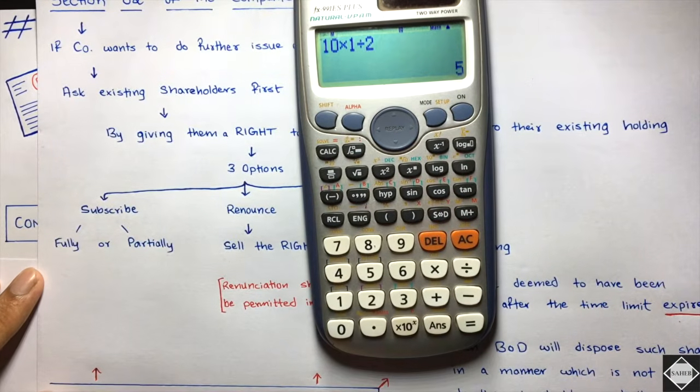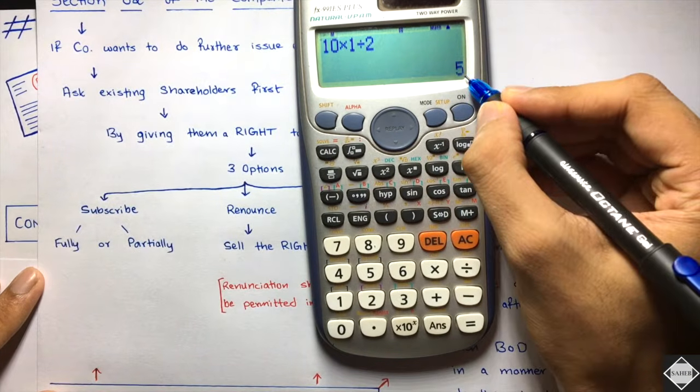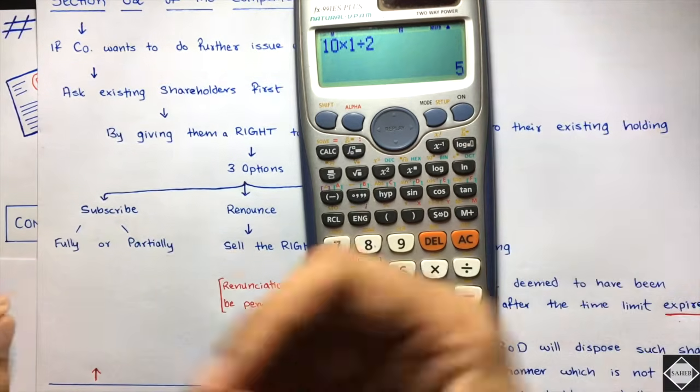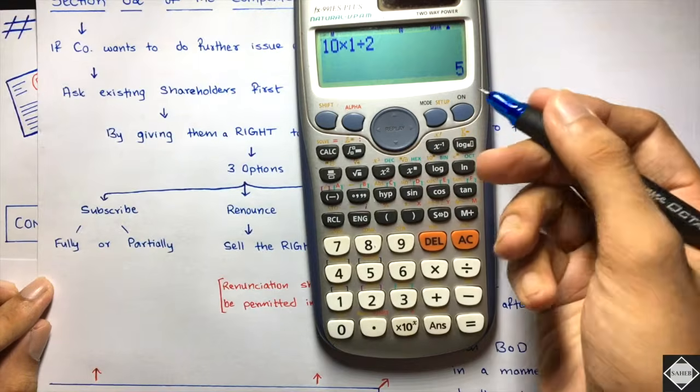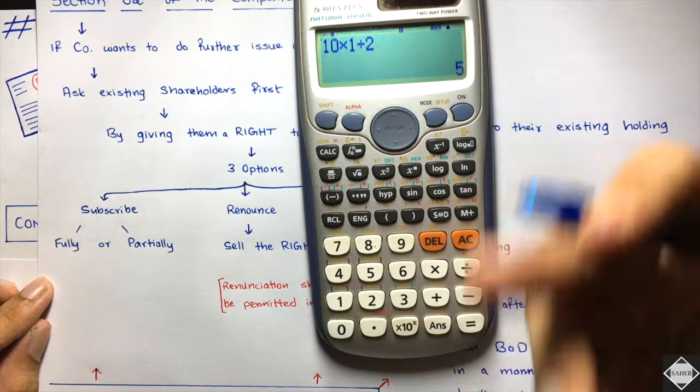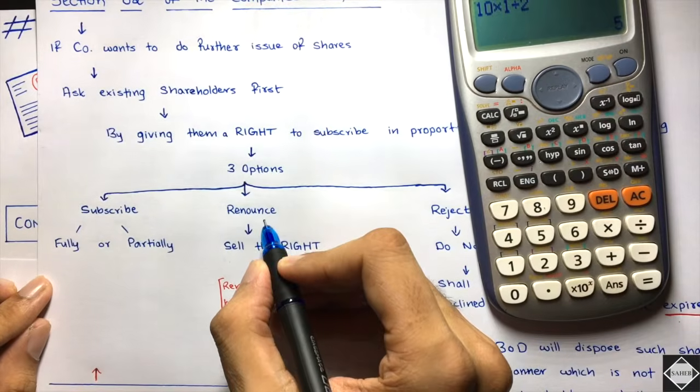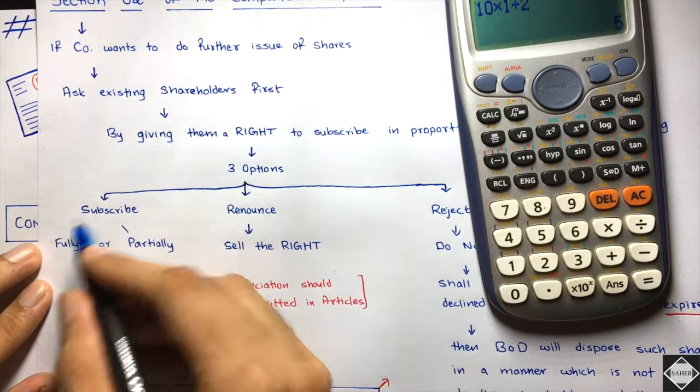So how many shares can he subscribe? He can subscribe 5. He can buy 2 shares, and the right to subscribe to 3 shares, he can sell, and that's called renunciation of right. So he can subscribe fully or partially.